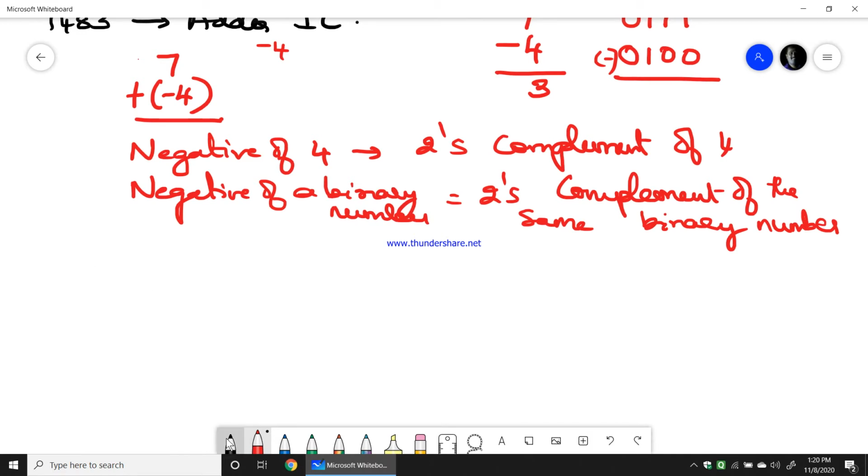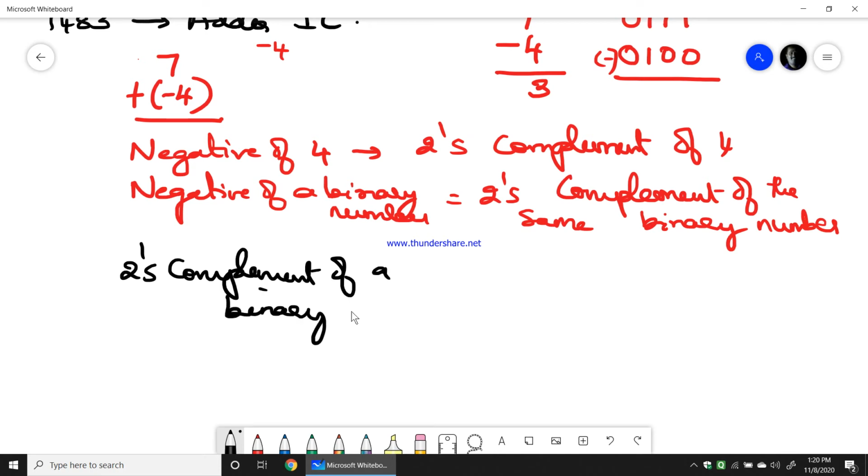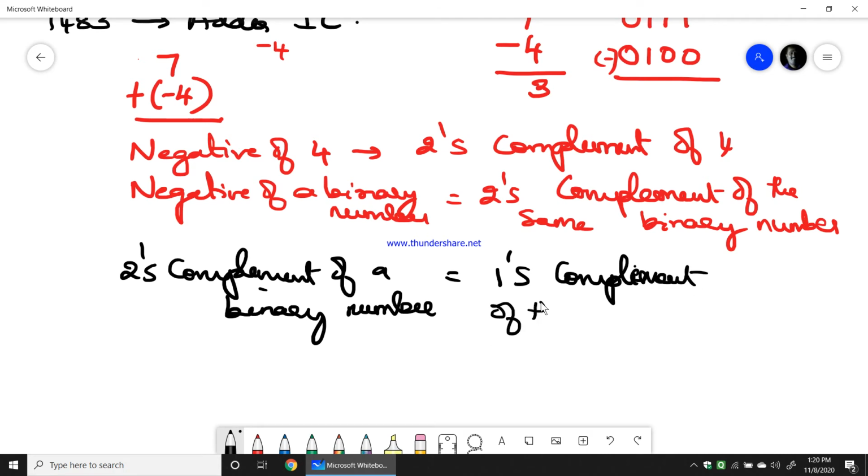Now what is 2's complement of any number? 2's complement of a binary number will be equal to 1's complement of the same binary number added with 1.